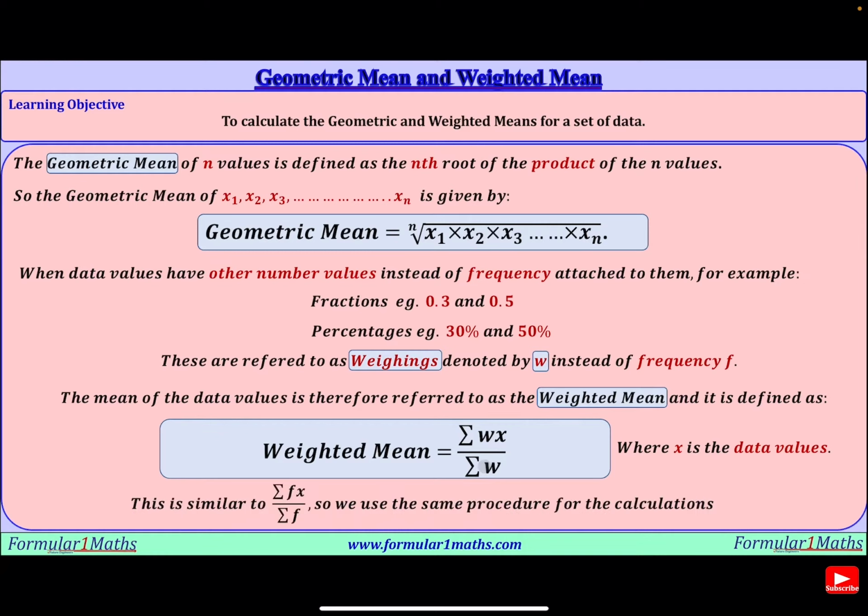Please note that this formula here is similar to the formula for the mean when we use frequencies. So we apply the same procedure for their calculations. Now that we've established these facts, let's go and answer some questions.